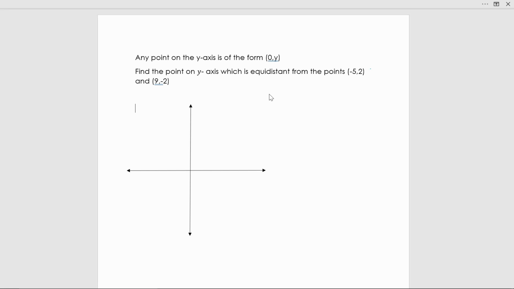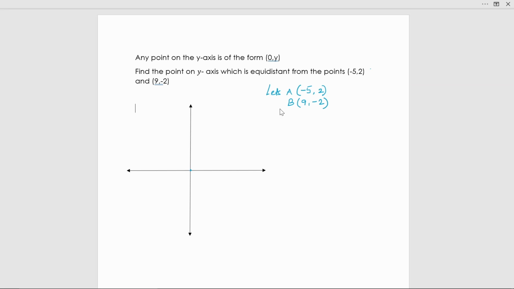So let us take two points: a point A which is minus 5 and 2, and point B which is 9 and minus 2. Let us locate these two points in the Cartesian coordinate.